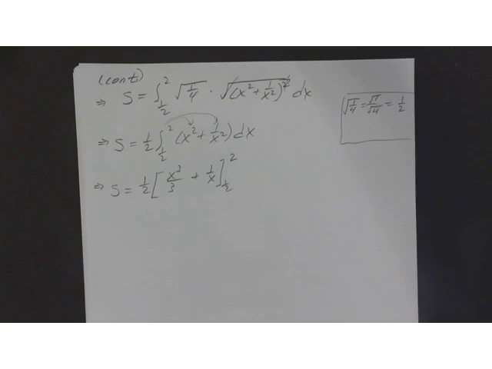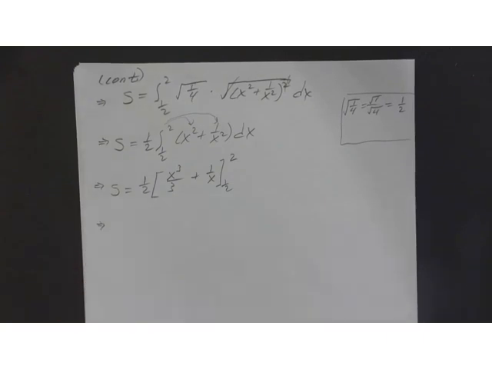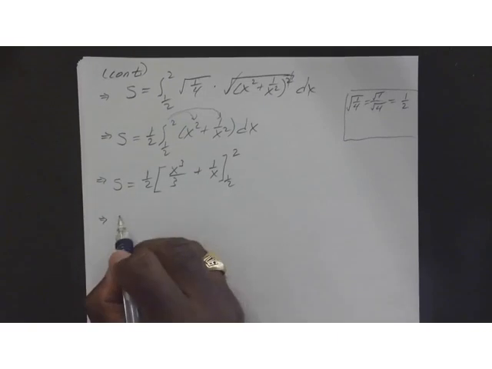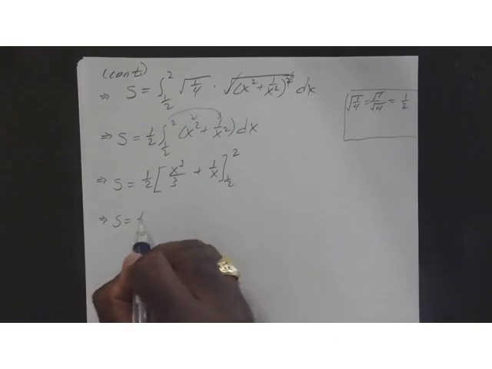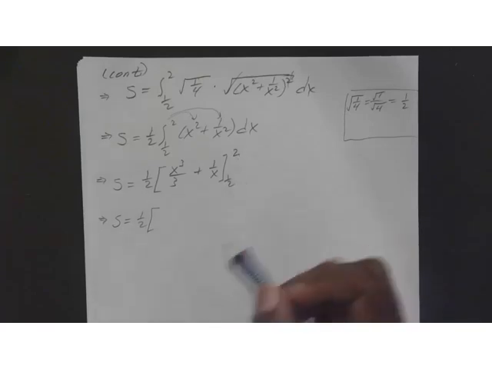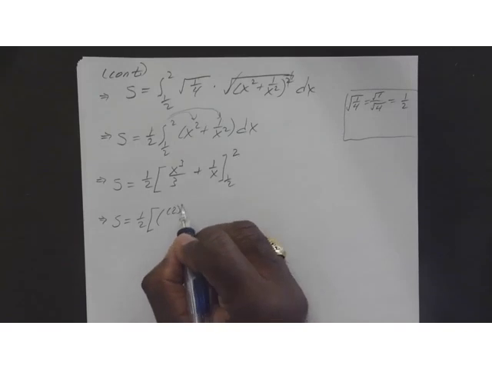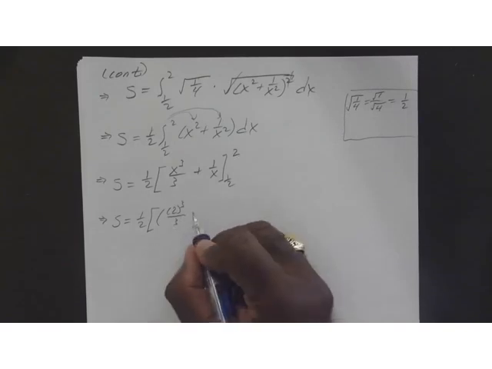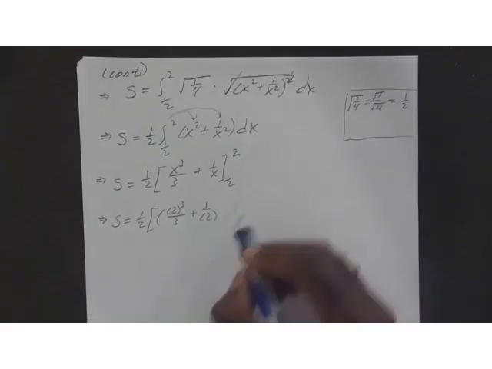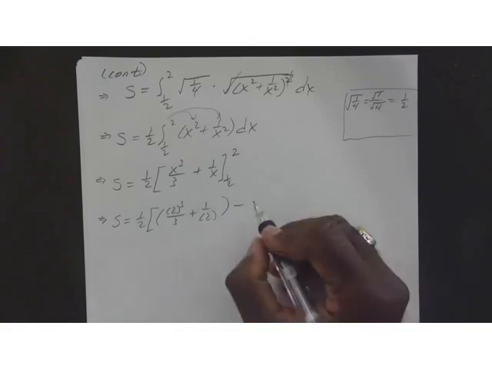So once we get it in that form, we just apply the fundamental theorem, and we are that much closer to finishing. We go ahead and plug in our upper bound. So that's 2 to the third power divided by 3 plus 1 over 2, minus, go ahead and plug in our lower bound.